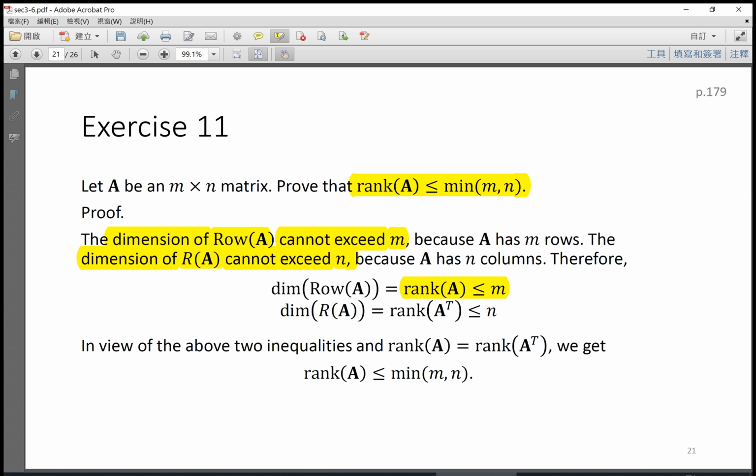Since rank A equals the dimension of the row space, we also have rank A transpose is less than or equal to n, because rank A transpose is the dimension of the column space of A. In view of the above two inequalities and the condition that rank A equals rank A transpose, which appears on page 18 of the slides, we can conclude rank A is less than or equal to the minimum of the set m and n.